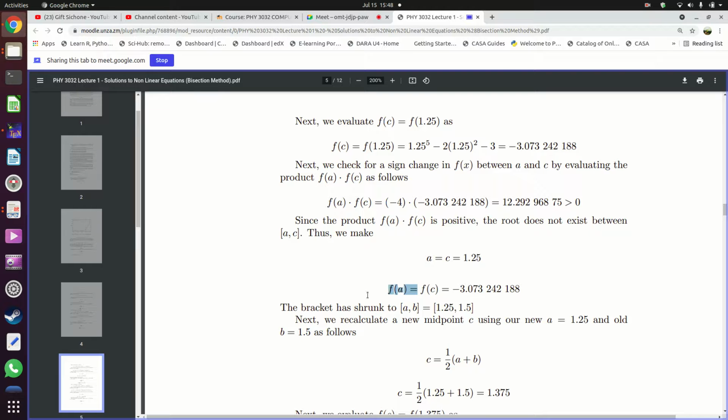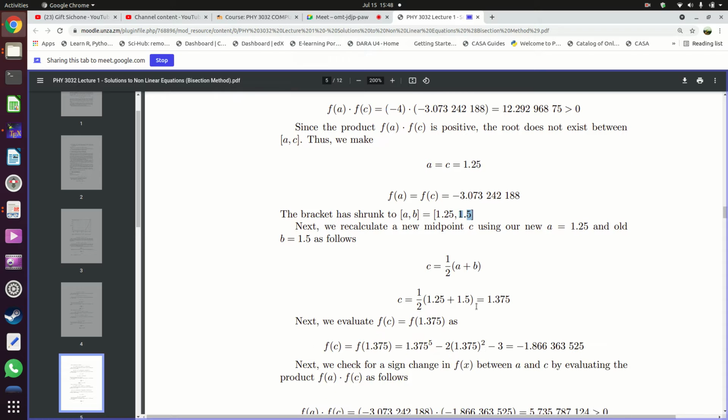So when you do this, your bracket is going to shrink. So now you're going to have a new A and a new B. Your A is now going to be 1.25 and your B is going to be 1.5. Are we seeing the process and what you're doing when you're doing bisection?